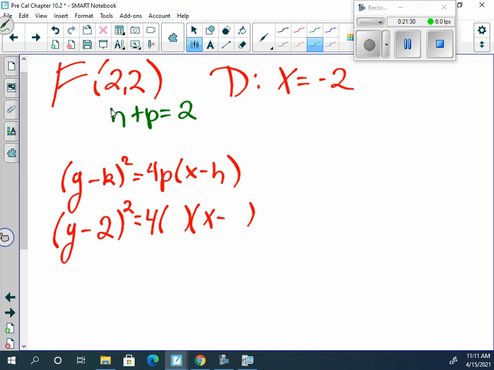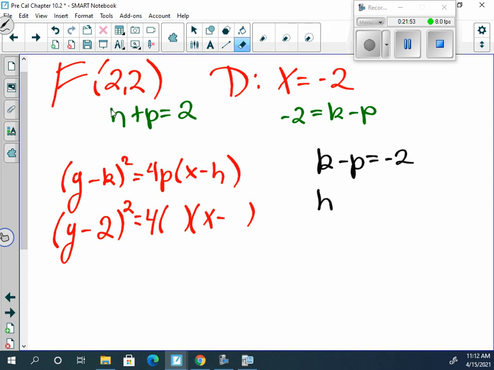Now the directrix is telling me that negative 2 is equal to k minus p. Well, we can use those two equations together because I know that k minus p is equal to negative 2. This should not be h, this should be k.